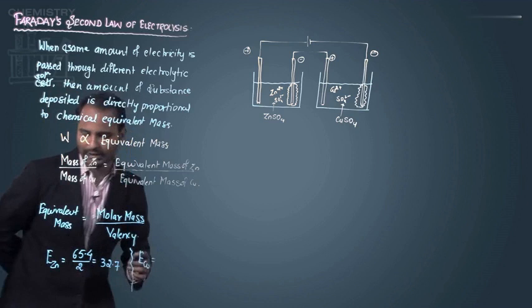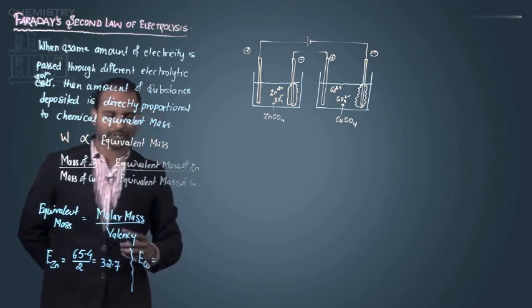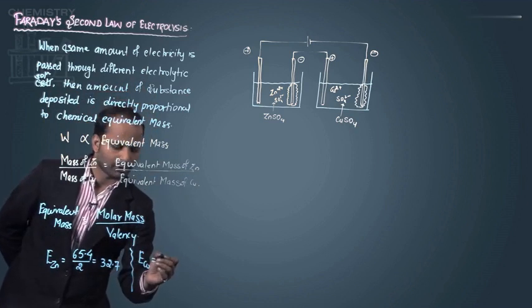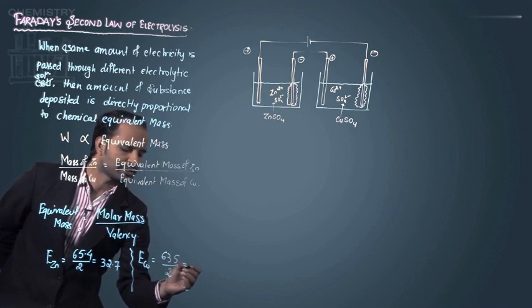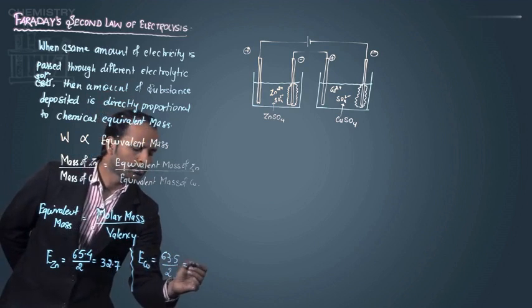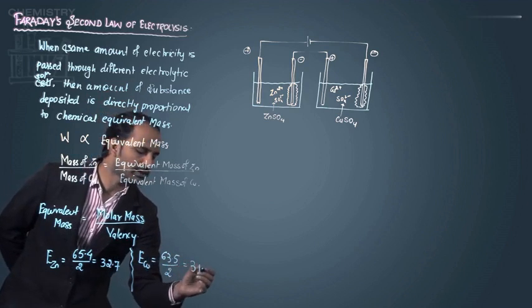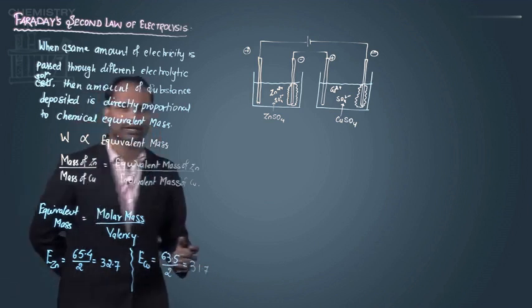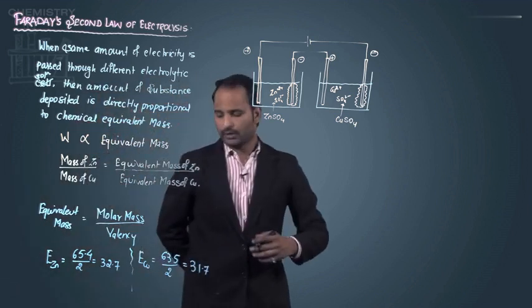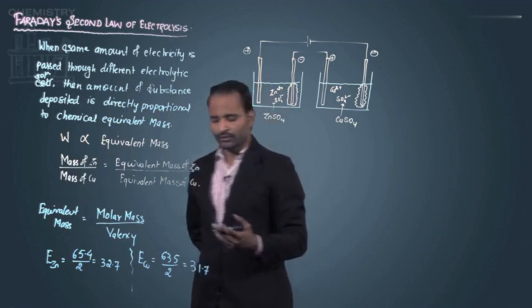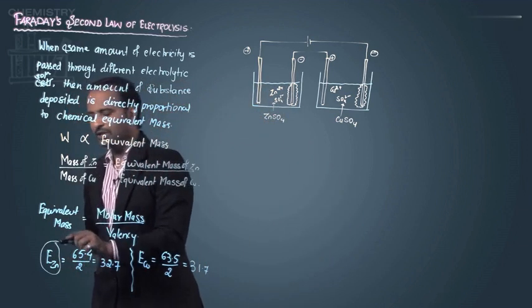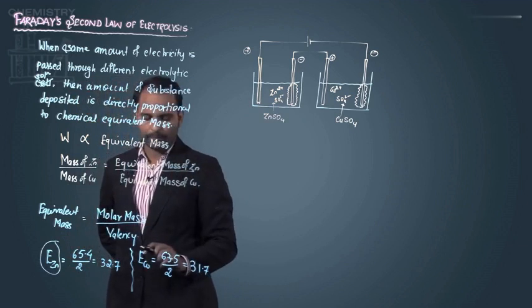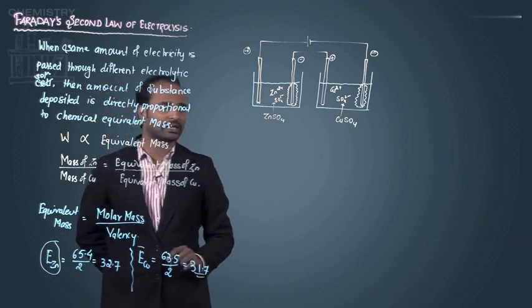The atomic mass of copper is 63.5 upon the charge, again 2, that is the valency. That means it's 31.7 gram. So I can say that zinc's equivalent mass is more, so it will deposit more compared to the copper whose equivalent mass is less.